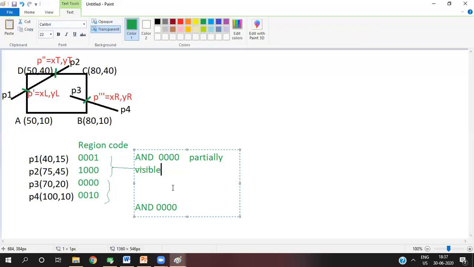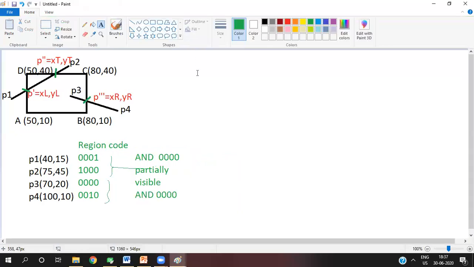Now calculate the intersection points now. Okay, let's go ahead. For line 1, we will see first P1, P2. Fine.